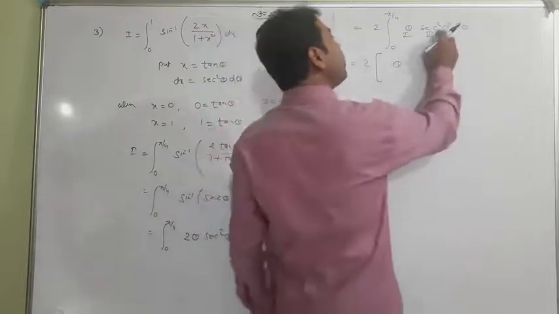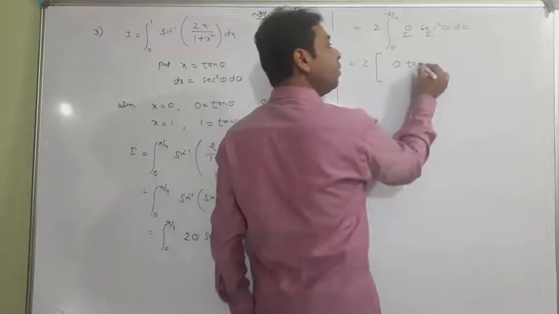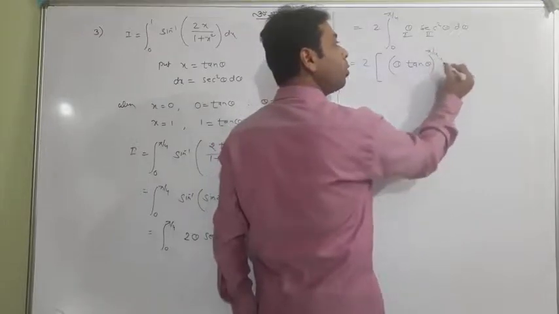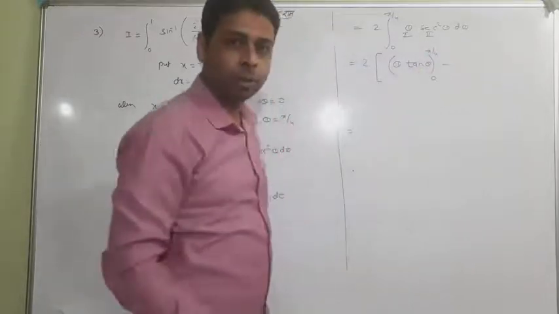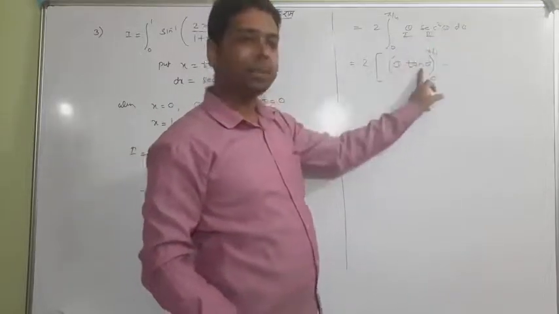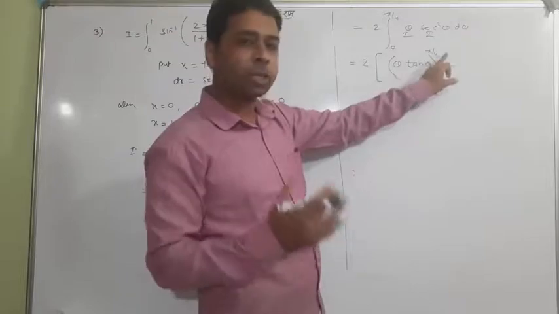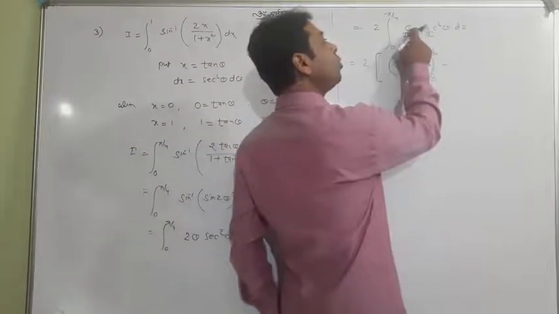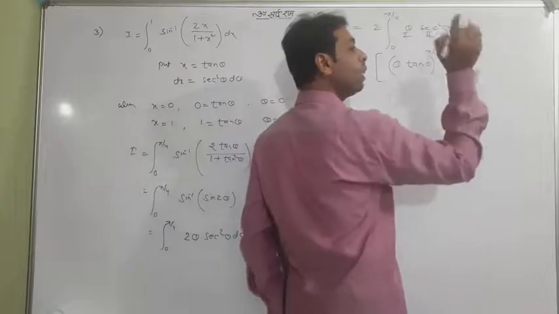Do it directly, because that time you will separate the limit also. Integration of sec square theta is tan theta, and instantly use the limit, because you have completed the first portion. Minus differentiation of theta is 1, which need not be written.